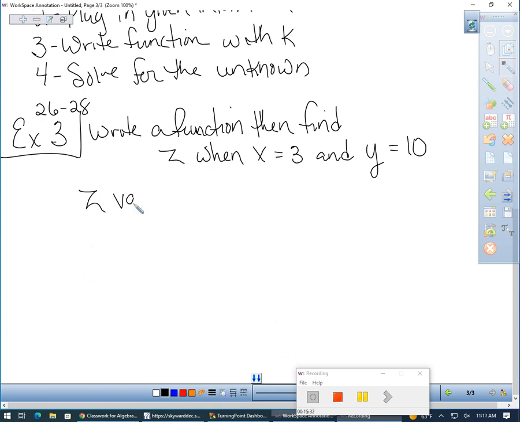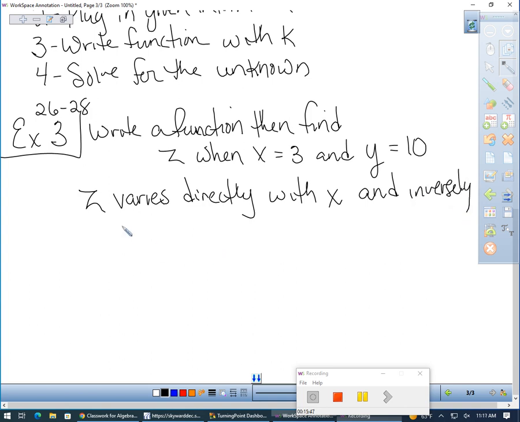Z varies directly with x and inversely with y when x equals 6, y equals 5, and z equals 4.